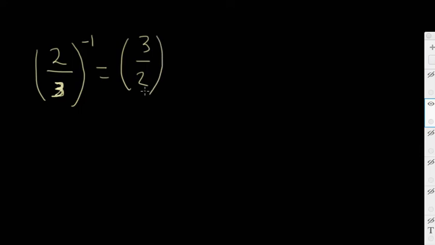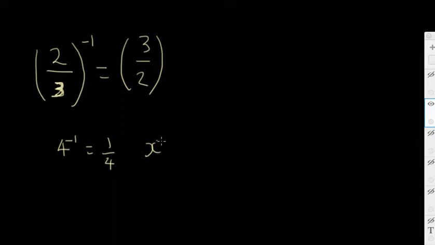Now, fractions can have reciprocals as well. So we've got 2/3 to the minus 1. That's simply written as 3 over 2. I should have said that another way of writing notation for the reciprocal is say 4 to the minus 1 being a quarter.